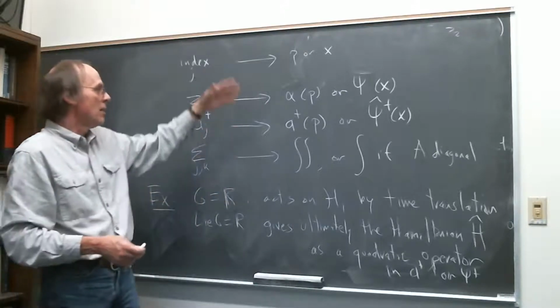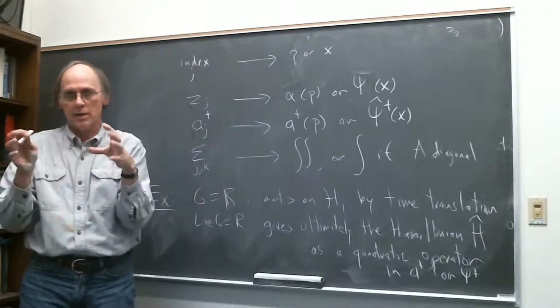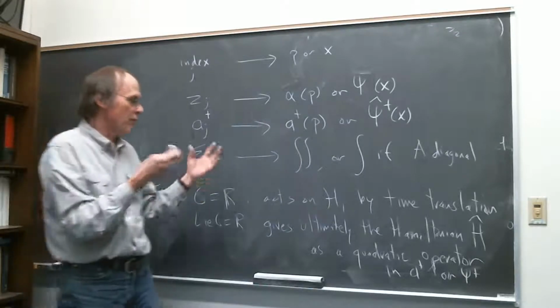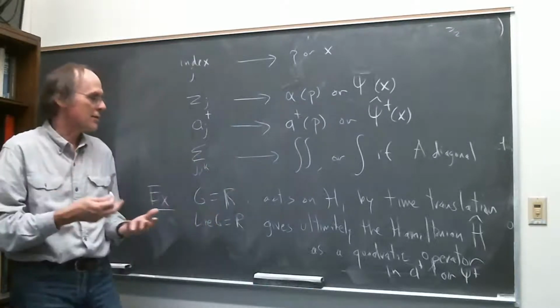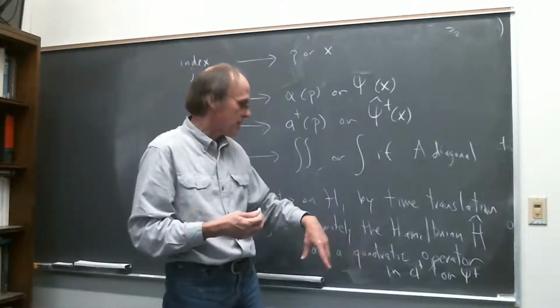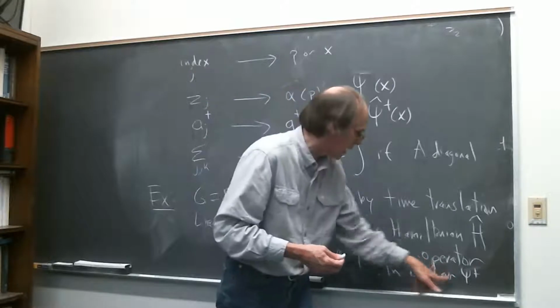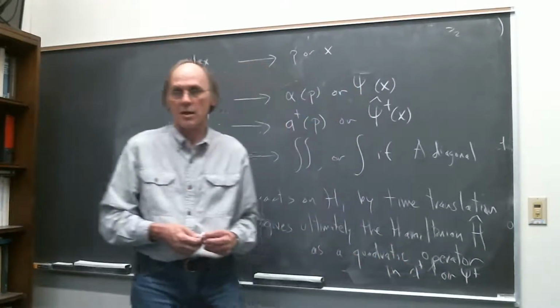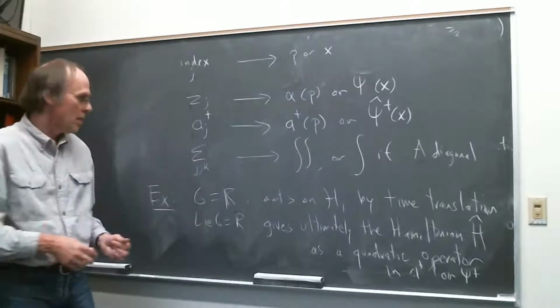Translation in time preserves the standard inner product, and so, by the whole philosophy I've developed, it should correspond to an operator on the state space which is quadratic in these quantized objects.